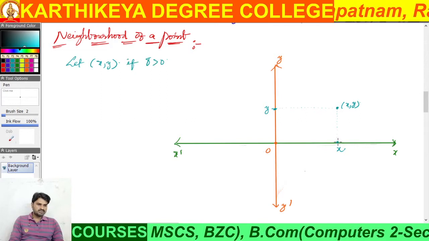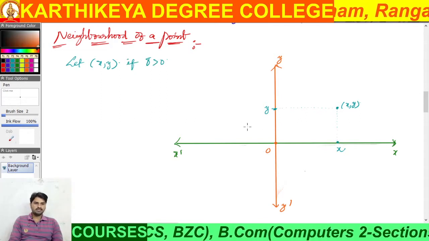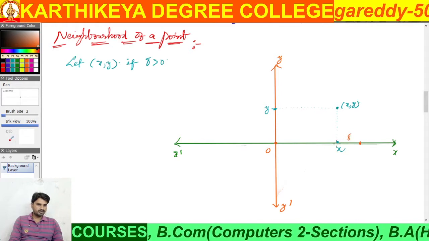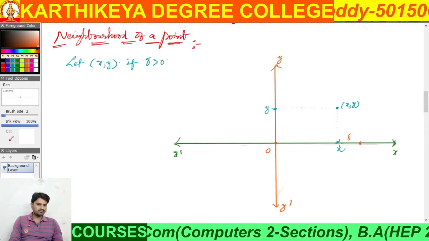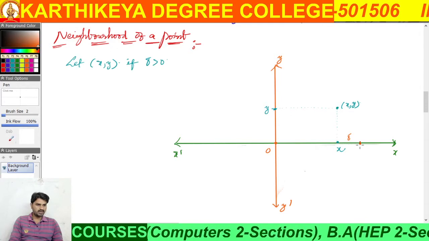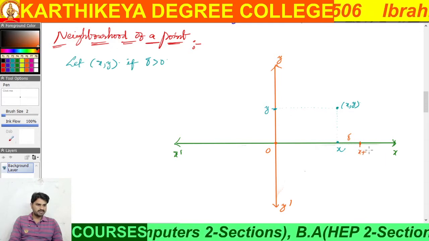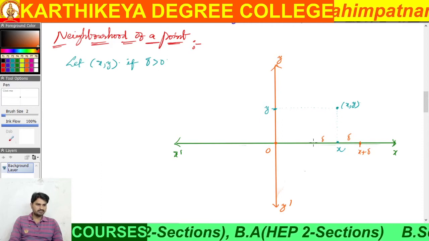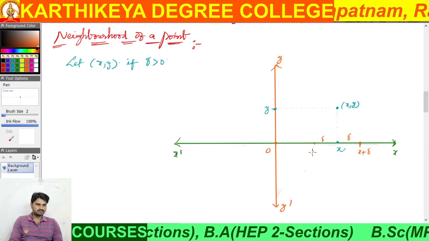So this distance can be taken on the x-axis from the point x here, from the number x here. We have to write here x plus delta. On the left hand side at the same distance, x minus delta.